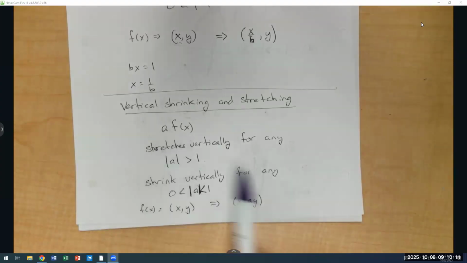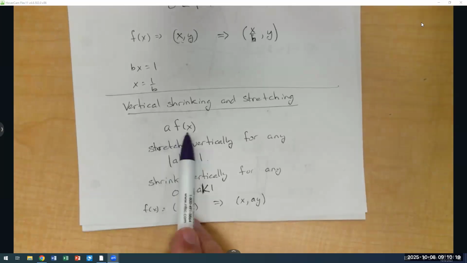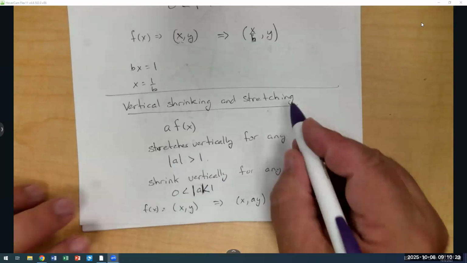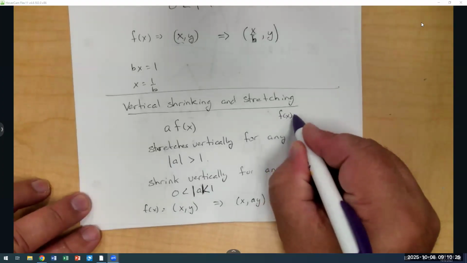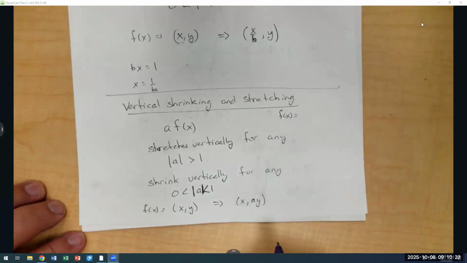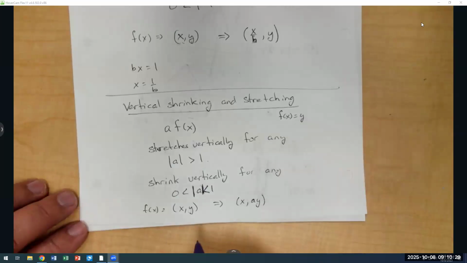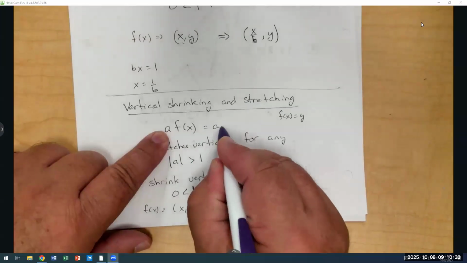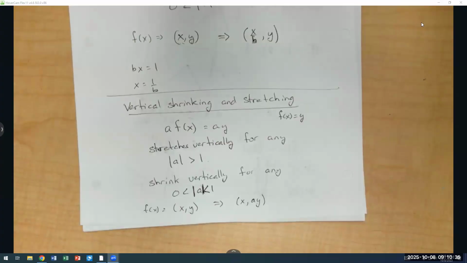The number in front changes your y values. How do we know that? What does f of x stand for? It stands for y. So if you have a coefficient, this is the same thing as a times y. All it changes is the y value.